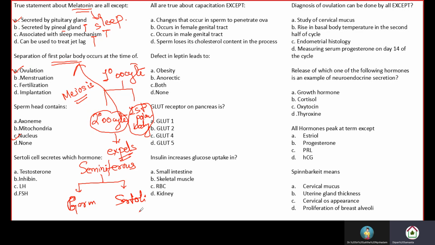Now maturation of spermatozoa takes place in the cytoplasm of Sertoli cells. So inside the Sertoli cell, maturation of spermatozoa takes place, and mature spermatozoa are then released from Sertoli cells and become free in the lumen of the tubule. Which tubule? Seminiferous tubule.